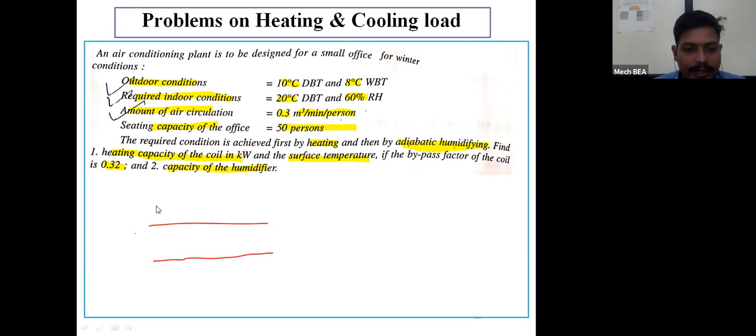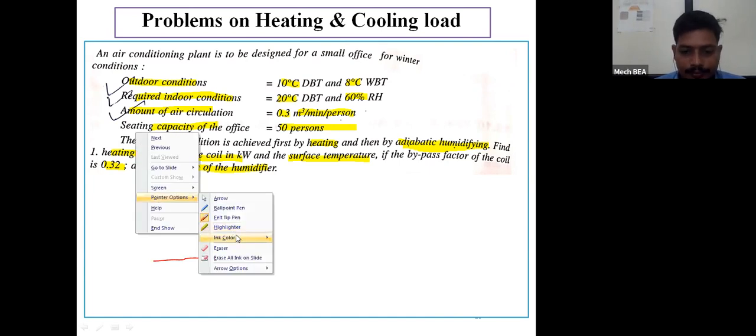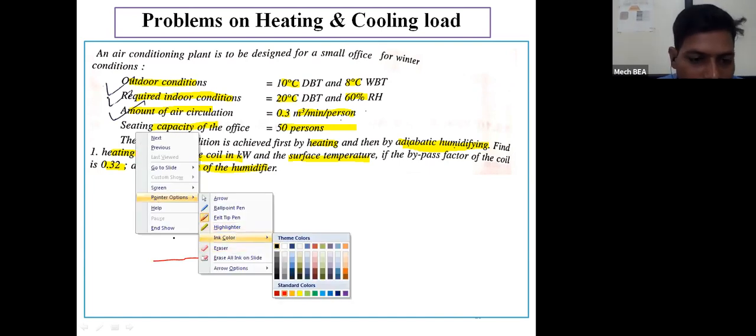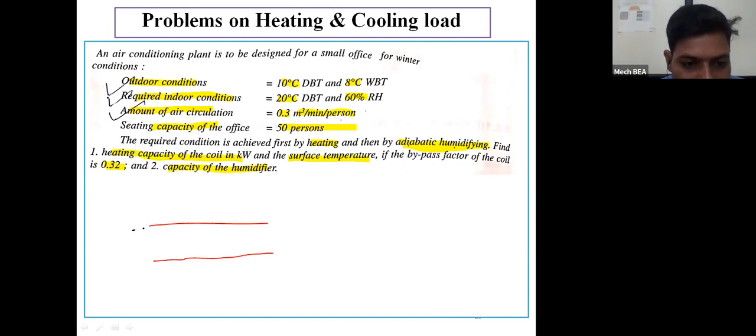To that air handling unit, we are supplying the outdoor air, raw air or atmospheric air. Suppose at this inlet point we are taking the outside air. The inlet point I am always considering as point number 1. And what is the condition of the outside air? The outside air condition is 10 degrees centigrade dry bulb temperature, 8 degrees centigrade wet bulb temperature.